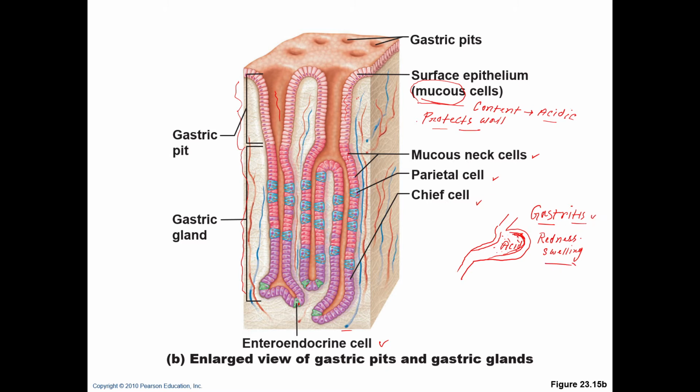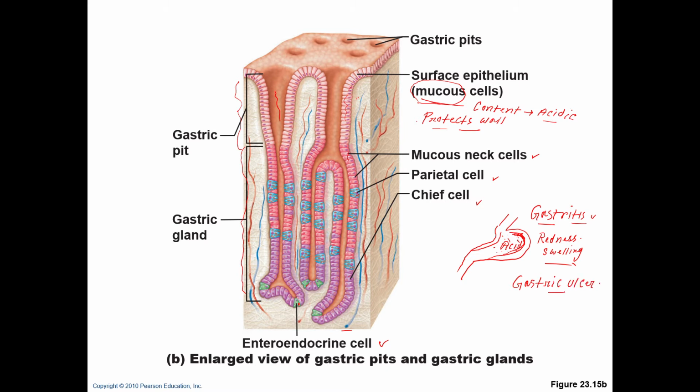Now if you don't treat gastritis, then the acid will start to cause more lesion to the wall, and if injury occurs by this acid, or by any other reason, that is termed as gastric ulcer.